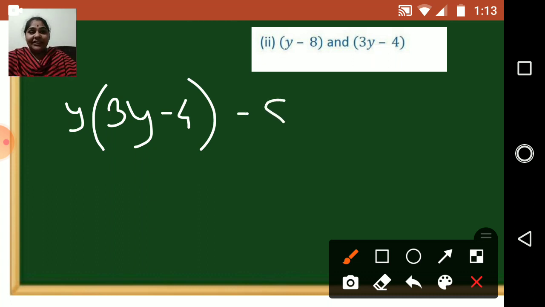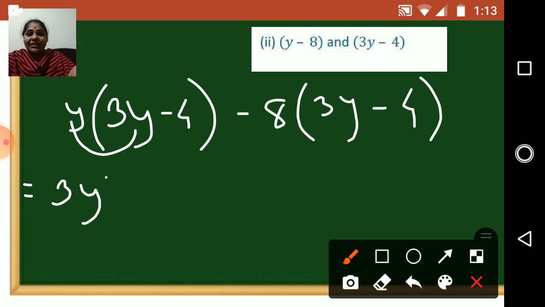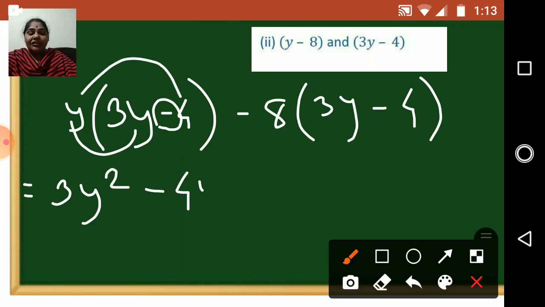So I will take negative 8 multiplied by 3y minus 4, the complete bracket. So which is nothing but equal to y multiplied by 3y will be 3y square. Negative sign as it is. Y multiplied by 4 will be 4y.